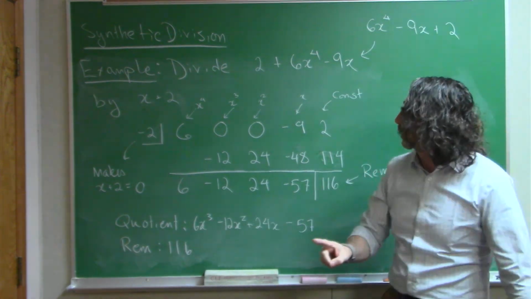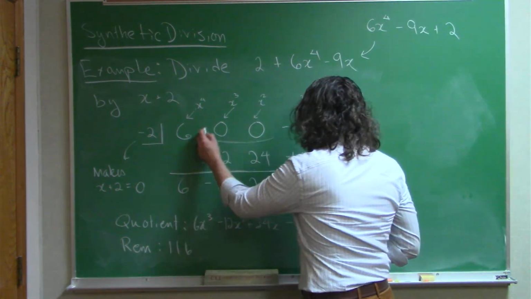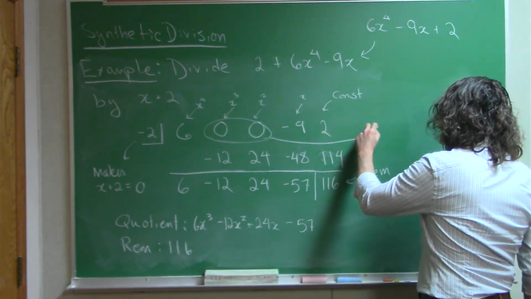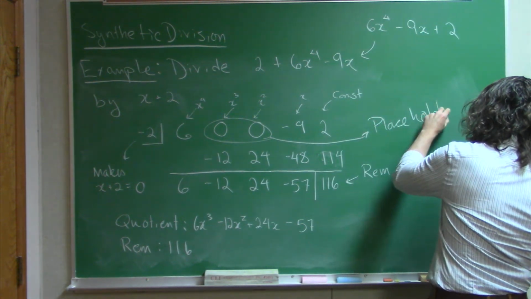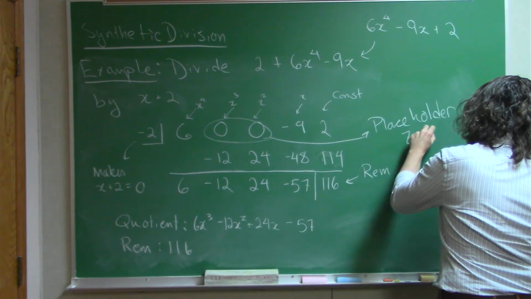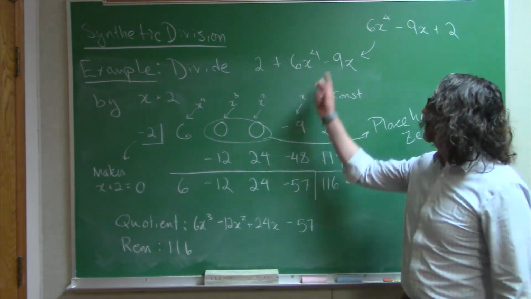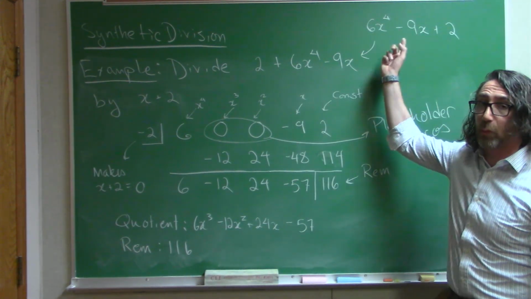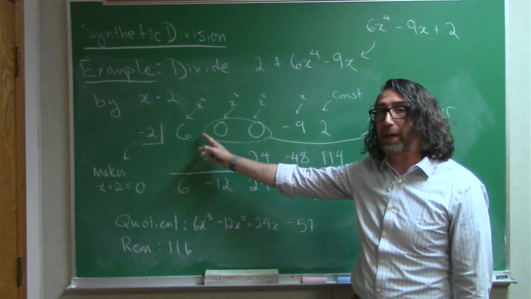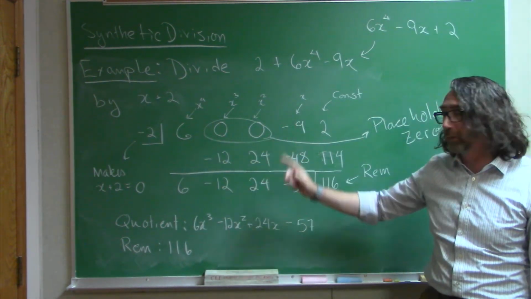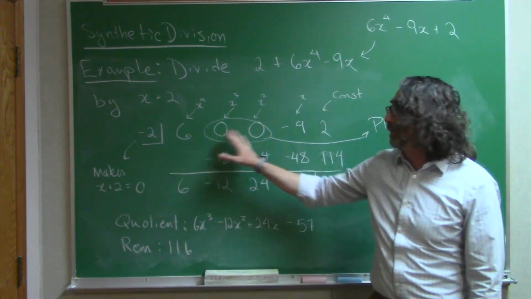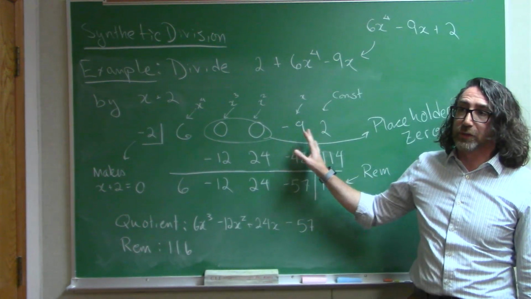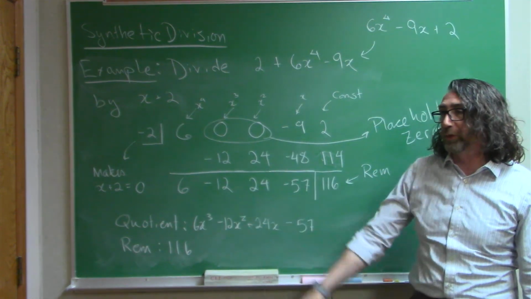Don't forget, you may need placeholder zeros if your polynomial is missing powers of x, like ours was. You need to account for that in your setup. So make sure you put the right number in the notch, put the coefficients in the correct order, and use placeholder zeros as necessary.